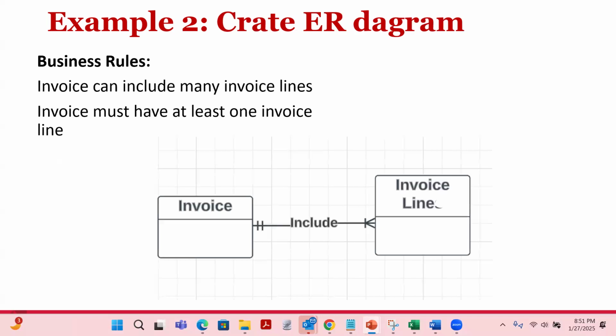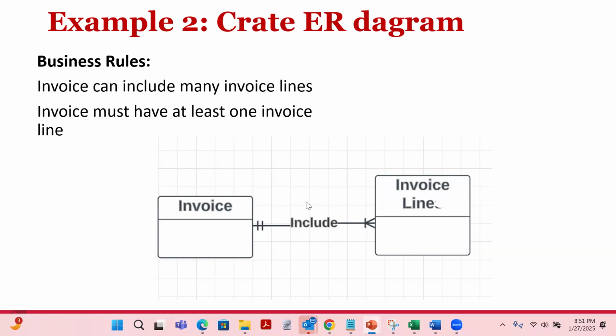All right, so this is how the diagram is going to look. You have: invoice can include many invoice lines. So invoice and invoice lines are two entities. Invoice lines is plural, so we can also have the word many here.